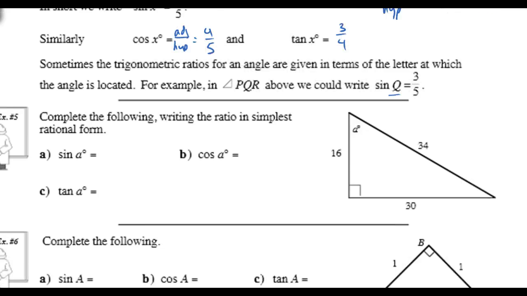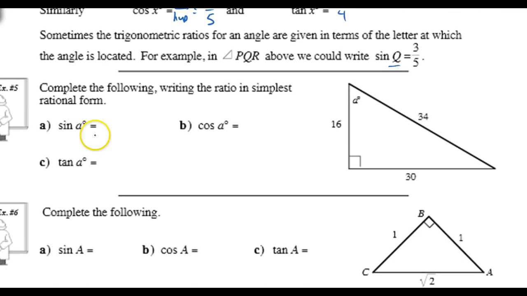Now we have sine A. Again, label these: hypotenuse, opposite, and adjacent, in respect to the angle we're looking at. So for angle A, sine would be opposite over hypotenuse, so 30 over 34. Cosine would be adjacent over hypotenuse, so 16 over 34. And tan would be opposite over adjacent, so 30 over 16.